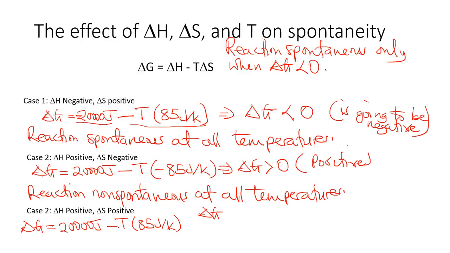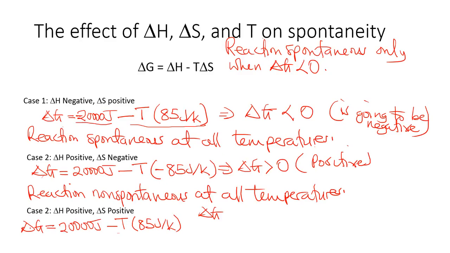If you increase the temperature more, this part will surpass the 20,000, and the delta G will be less than 0. So at high temperatures, this reaction will be spontaneous. At low temperatures, this reaction will be non-spontaneous. Because if you use maybe 80 Kelvin here, it will not be equal to 20,000.